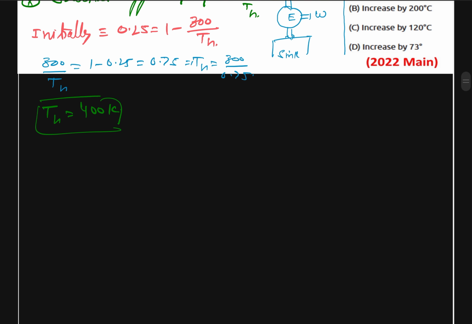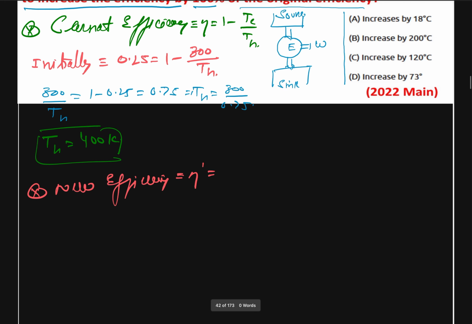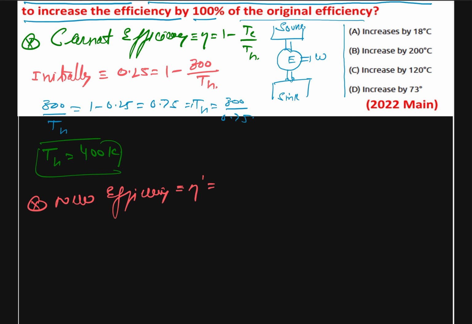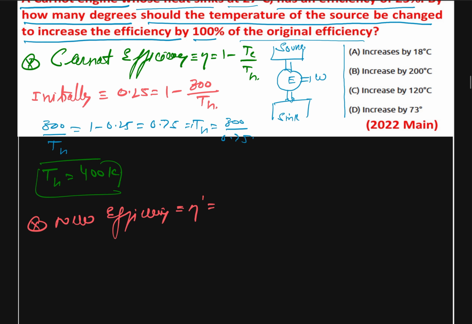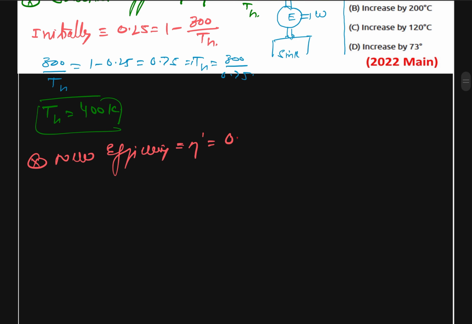Therefore, our new efficiency, let us call it eta prime, is equal to the original 0.25 multiplied by 2, which comes as 0.5. It should increase 100%.